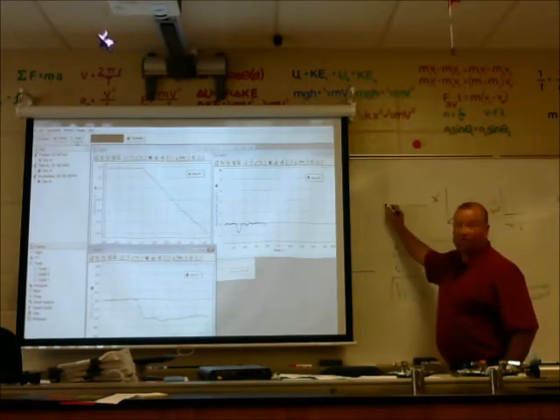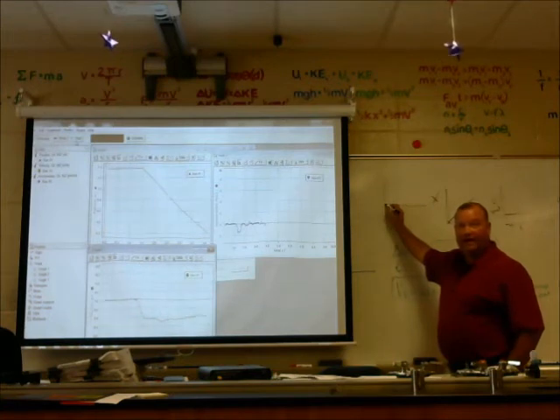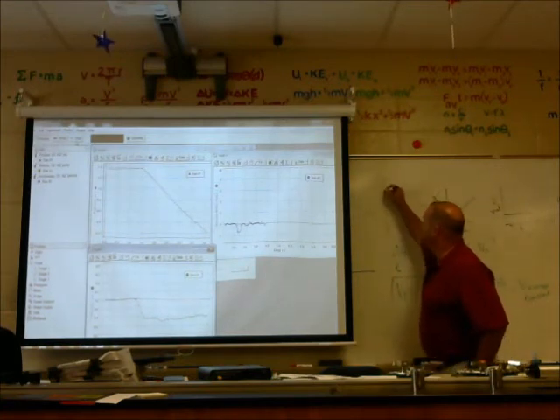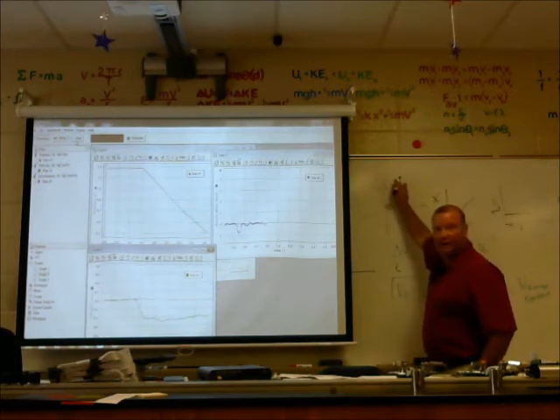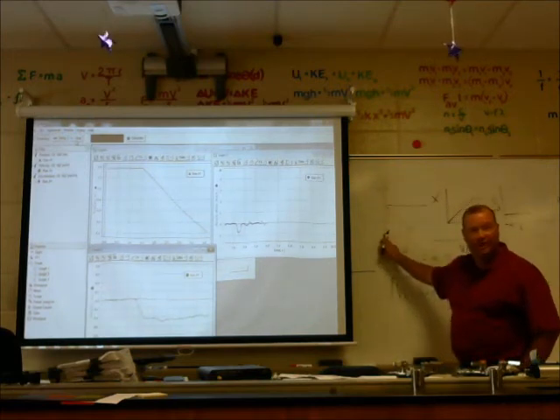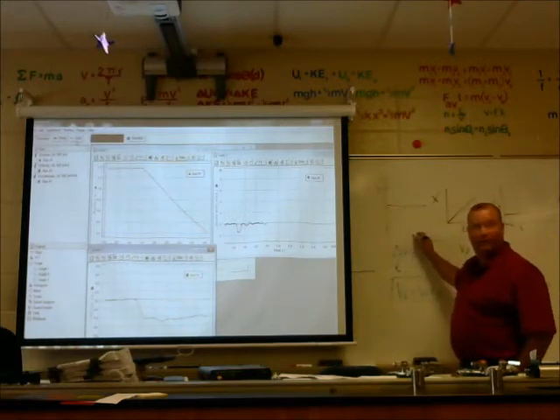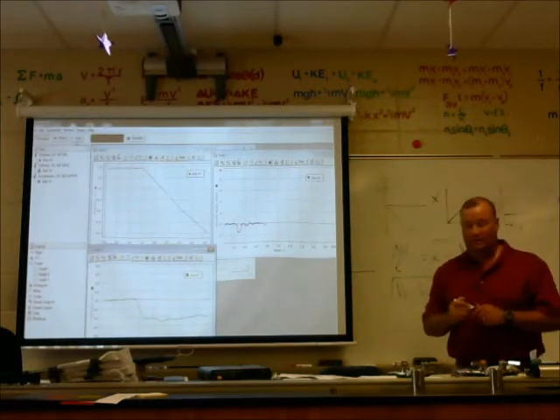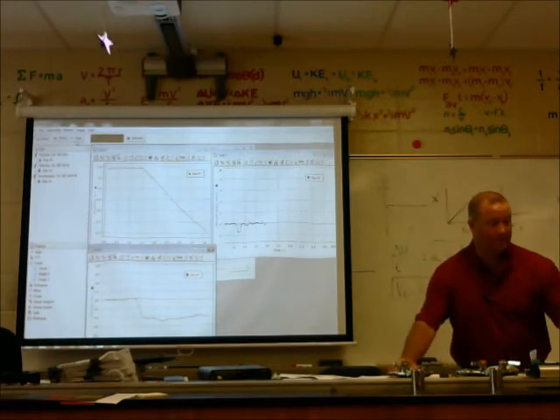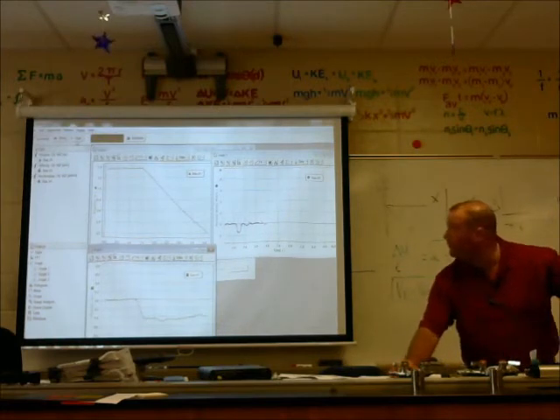It's starting at 0 and going negative, right? And this is my position. So this would be where it's going to the right, and this would be where it's going to the left, correct? So you think it should go that way. Straight line? Maybe I can get it to go.